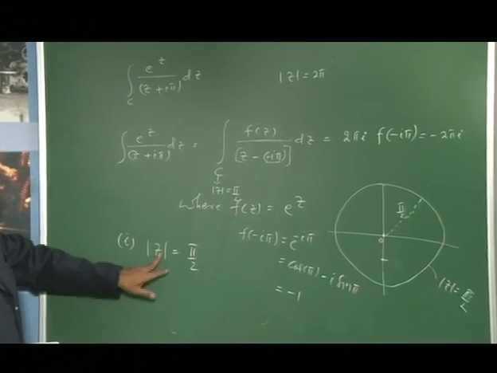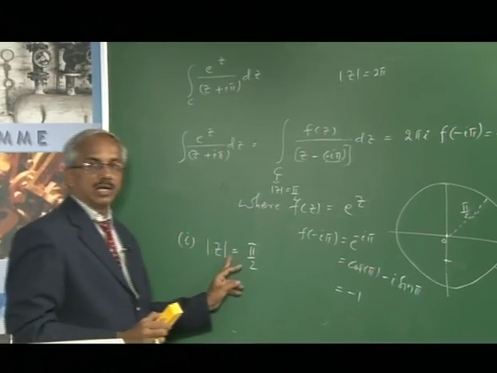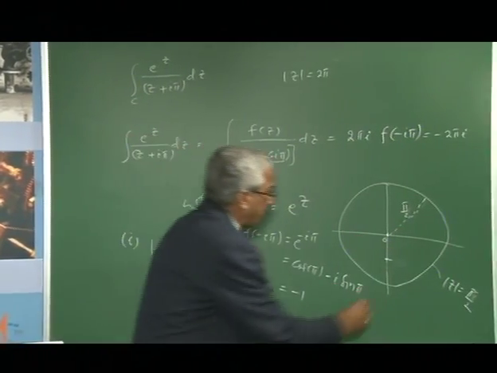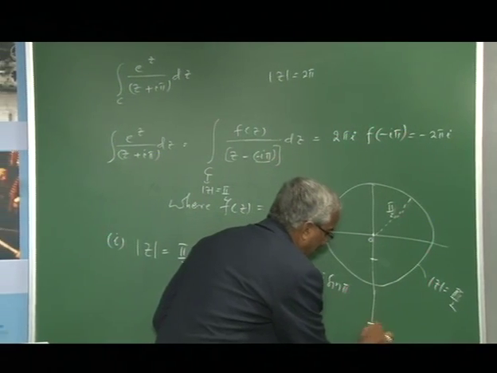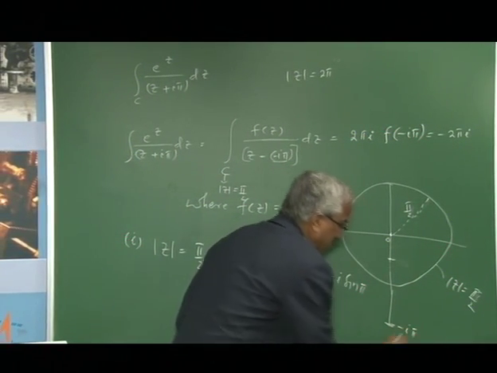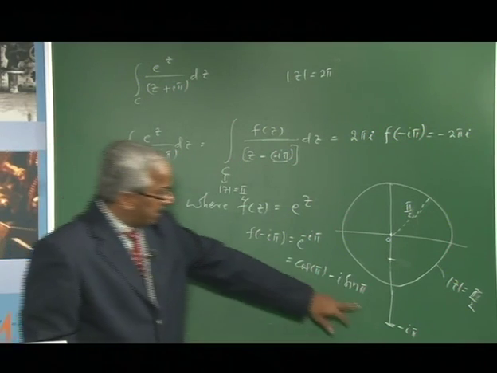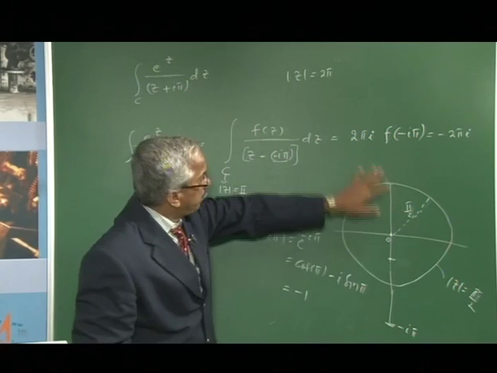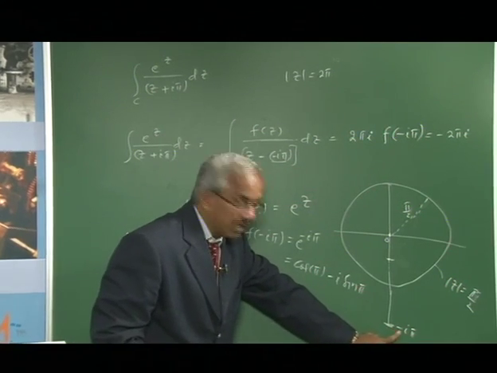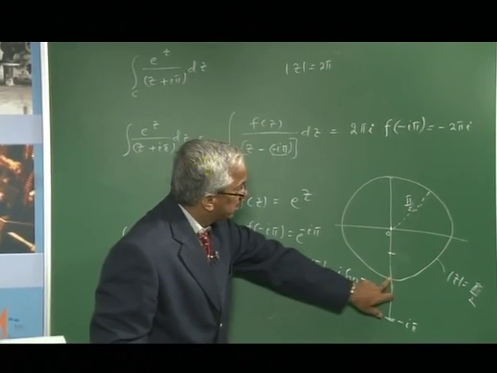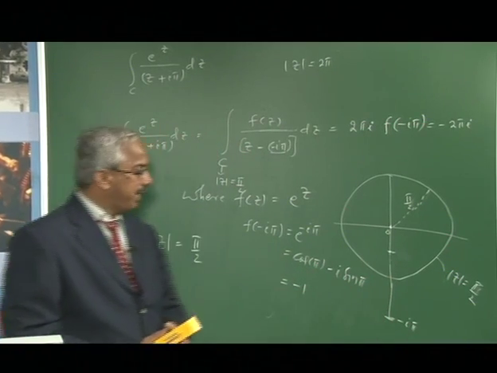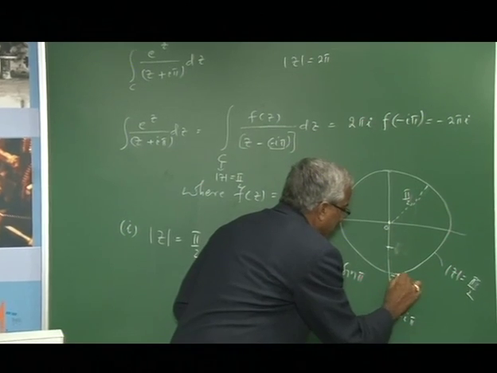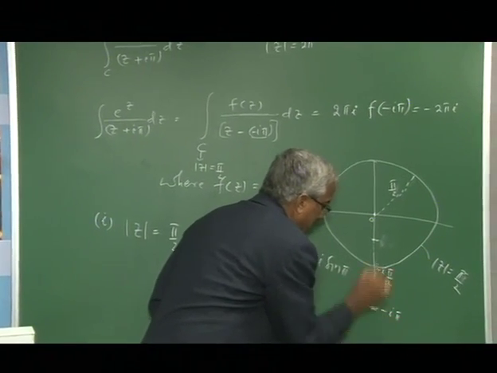This is a circle centered at origin with radius pi by 2. With radius pi by 2, the point minus i pi is on this side, and the point plus i pi is above, but that is not my concern now. I have to take minus i pi. So pi by 2 is this distance, and this is the point minus i pi.